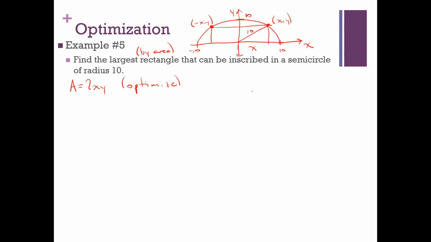No matter where I put the point x, y, that's what makes a circle a circle. The distance between the center and the circumference is 10. So I think I can also say x squared plus y squared equals what? So close.